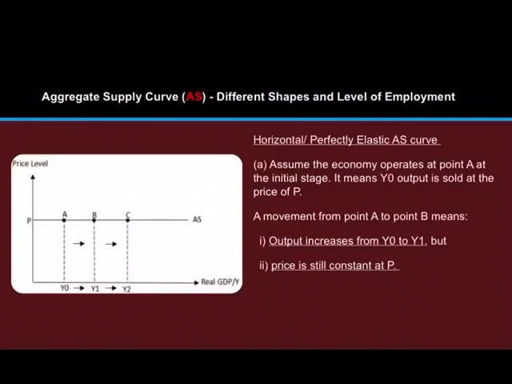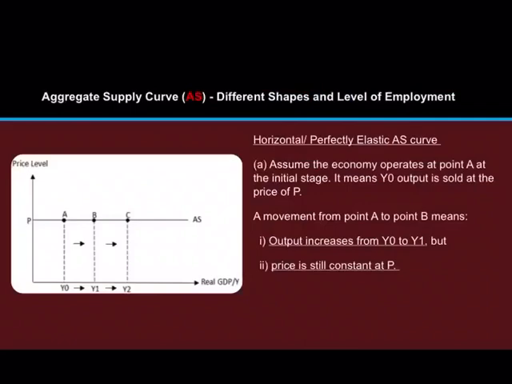The y-axis represents the price, the x-axis represents the national income or the real GDP. So what is happening here? There's no increase in the prices of goods and services. However, there is some increase in the output level. Price is still constant at P. So this shows a case of actual economic growth.